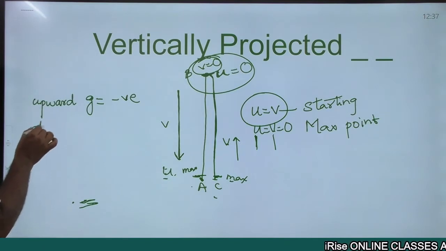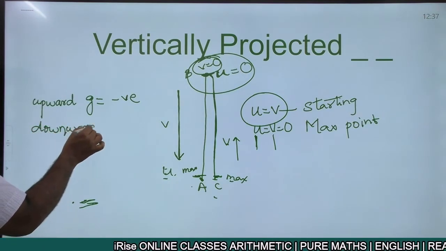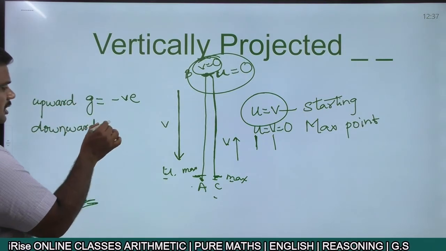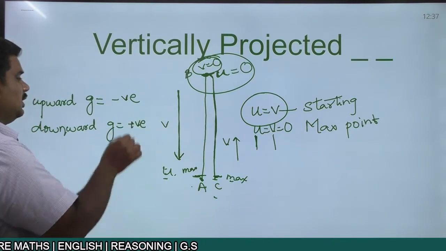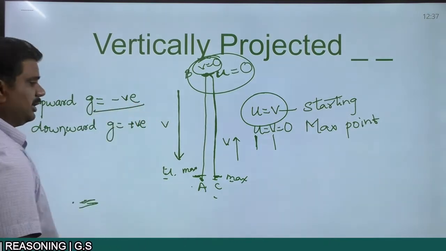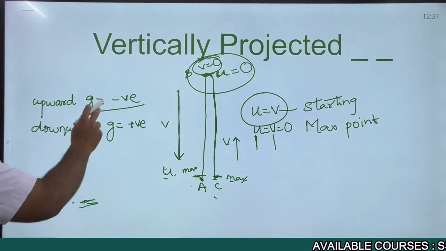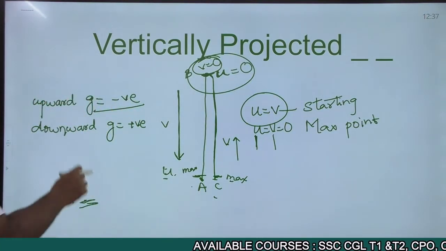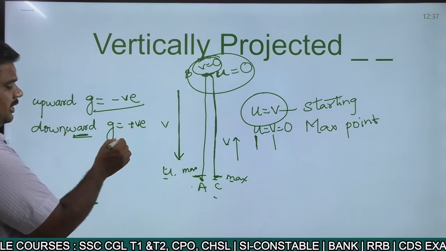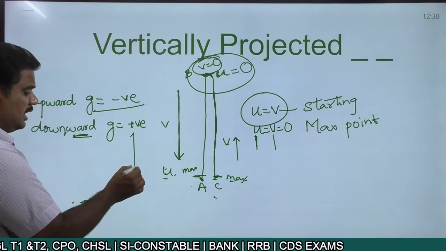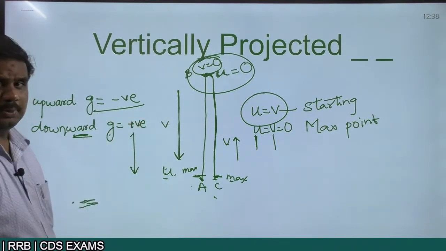And when the object is moving in the downward direction, the value of g is taken to be positive, because the object is moving in the direction of gravity.